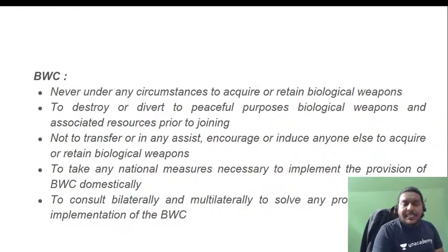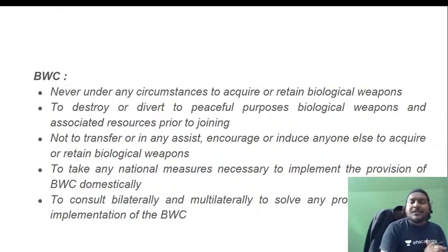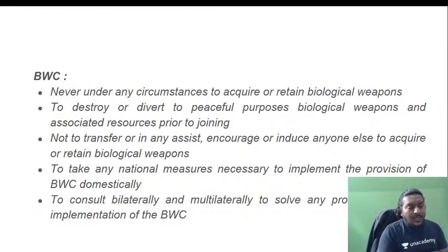So it says very clearly, under any circumstances, no country is supposed to acquire or retain biological weapons. If you have any, you have to destroy them or divert them for peaceful usage, like medical research. You cannot transfer or help any other nation which wants to retain biological weapons.